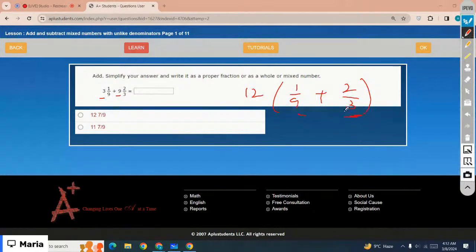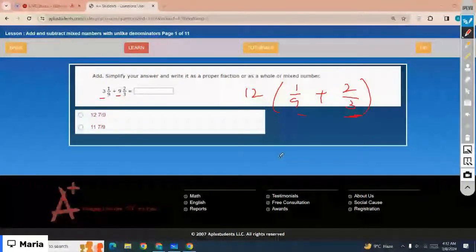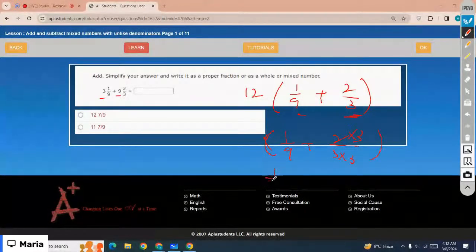So you need to make that 3 equal 9. So multiply this fraction by 3. That is 1 over 9 plus 6 over 9. Add them, and that is 12 whole 7 over 9. Got it? So correct option.